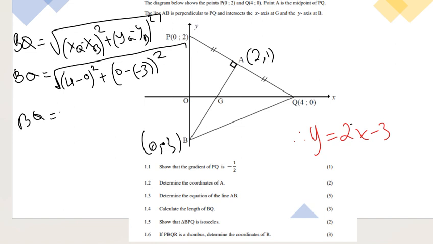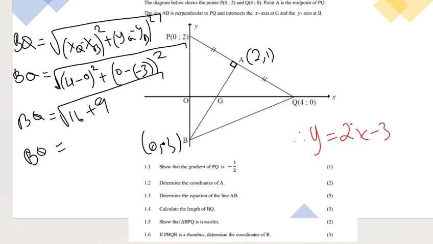So BQ is equal to 4 minus 0, that's 4 squared, that's 16, plus a negative times a negative, it's a positive. So 0 plus 3, that's 3. 3 squared, that's 9. So 16 plus 9, that's 25.